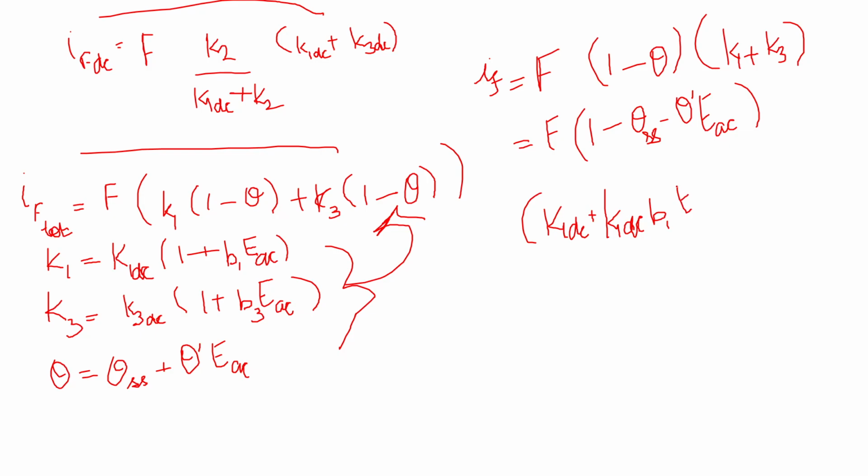In a similar way I can write K3 as K3 DC into 1 plus B3 EAC. So same thing, I am elaborating that term also. I'll get K3 DC plus K3 DC B3 EAC.